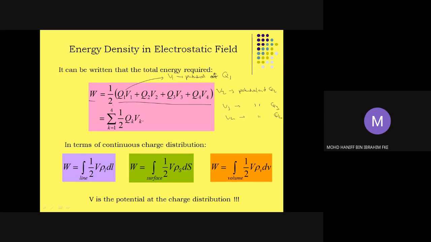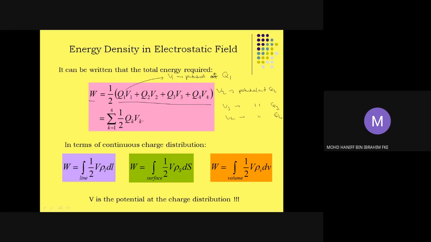So the work can be calculated by simply multiplying the charge amount Q1 with the potential at that particular charge. Then we sum them up together, and that should be the work we require, or the energy conserved in that particular charge structure.